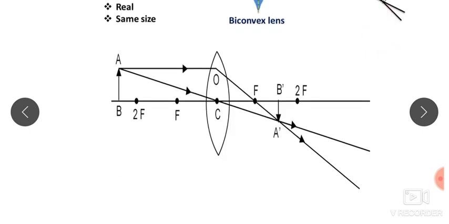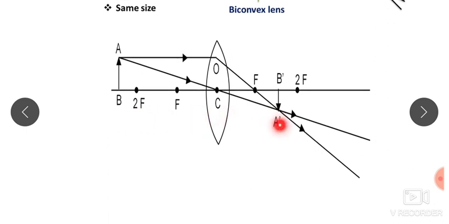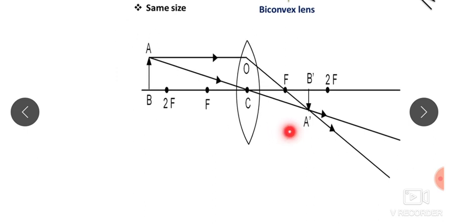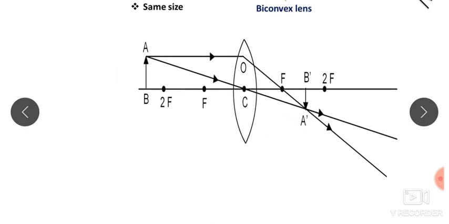Now the size is diminished, where we are taking the object position beyond 2F. When we take it beyond 2F, we get an image A dash B dash which is in between F and 2F. Here also it is inverted, diminished, real.